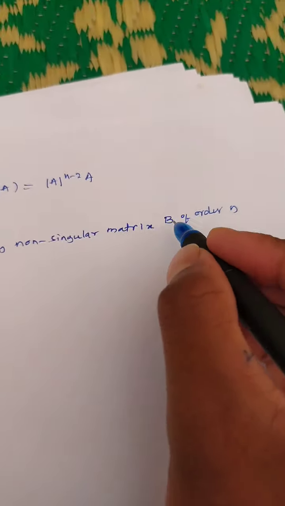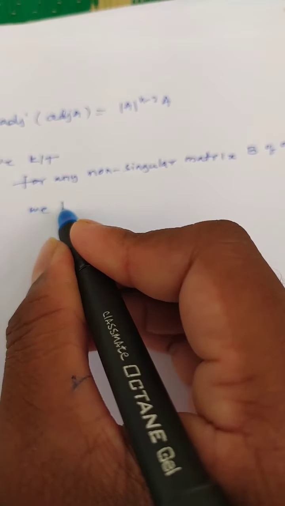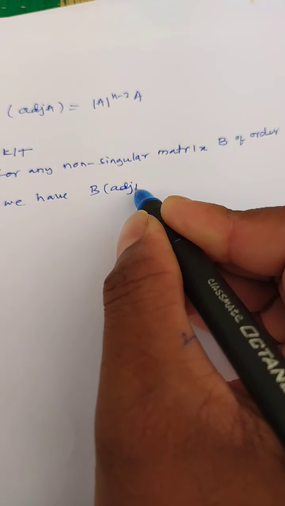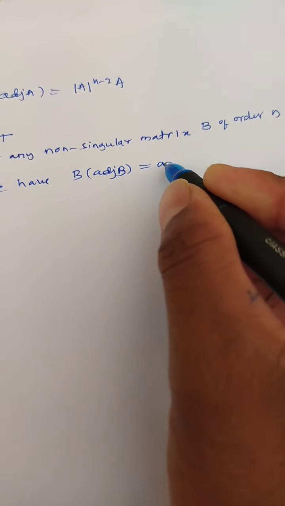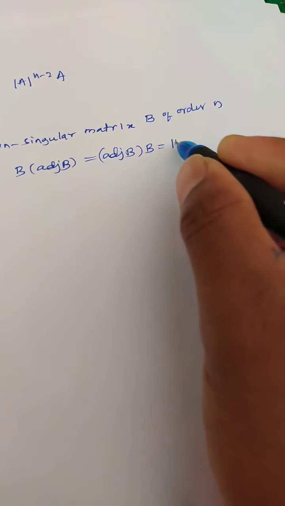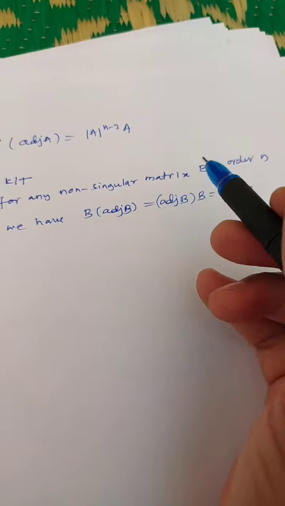Here I am taking the matrix as B. Any matrix, you can take any matrix. I am taking B, a matrix of order n. We know that B into adjoint B is equal to adjoint B into B, which is equal to det B into In.